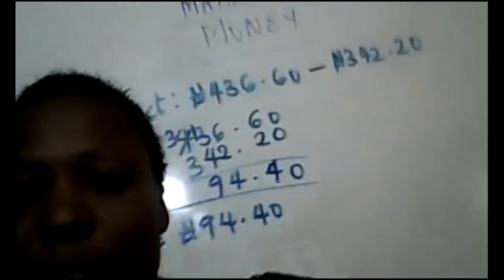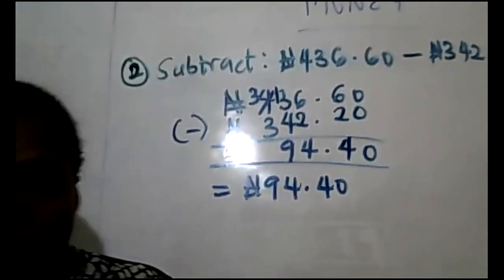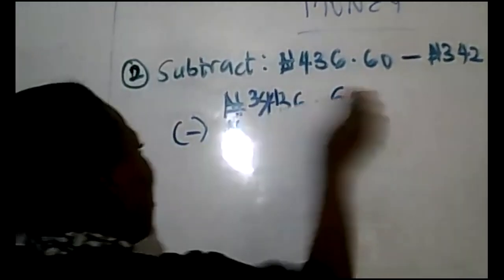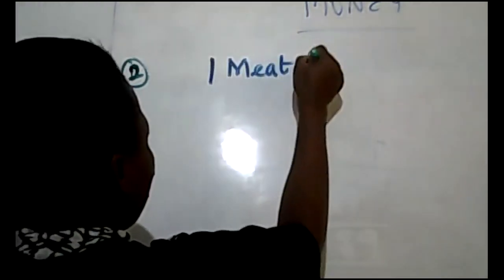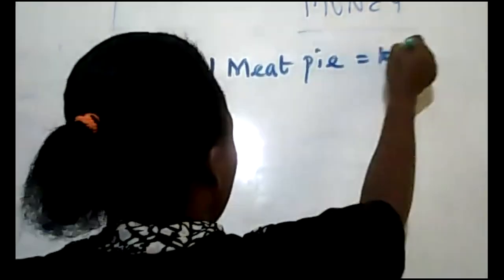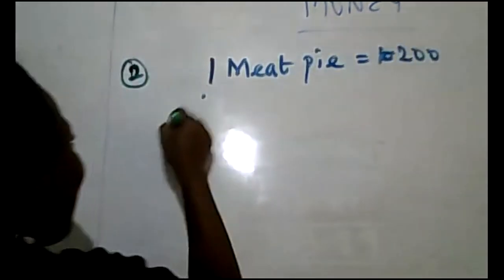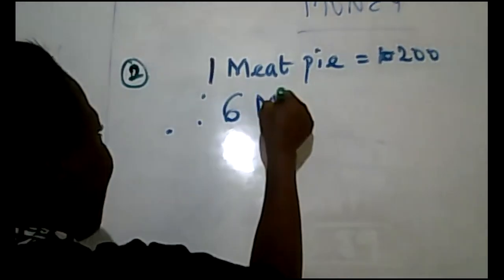So 6 meat pies will go for, one meat pie goes for 200 naira.